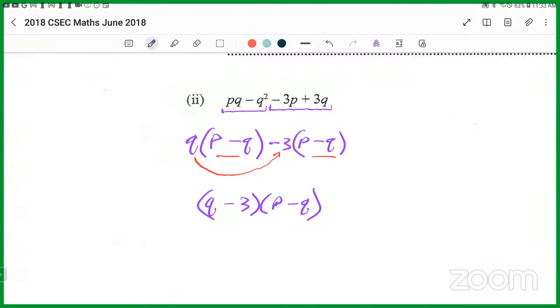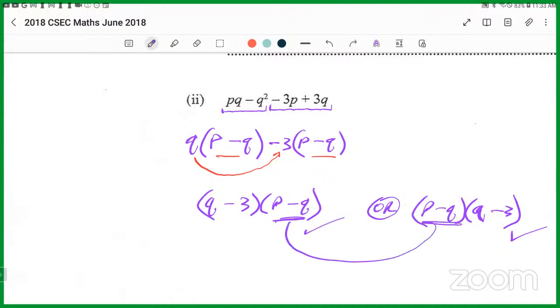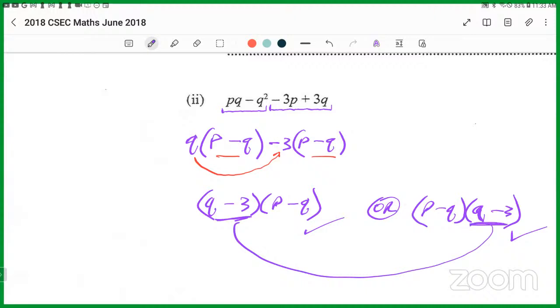And that is it. If you put the p minus q in front of q minus 3, it doesn't matter. It's correct. It's the same two factors. This is this, and this is that. Same thing. So those are the two factors.